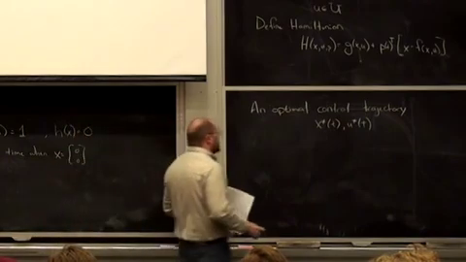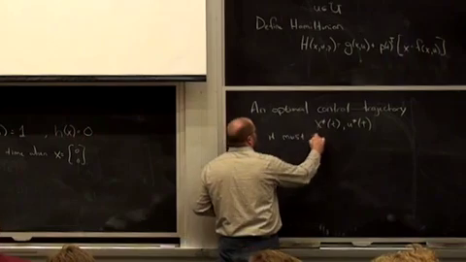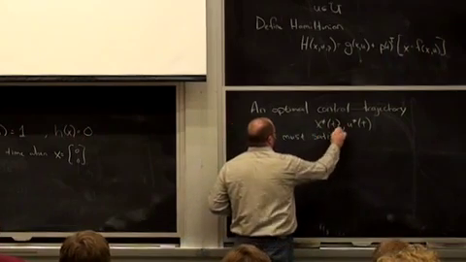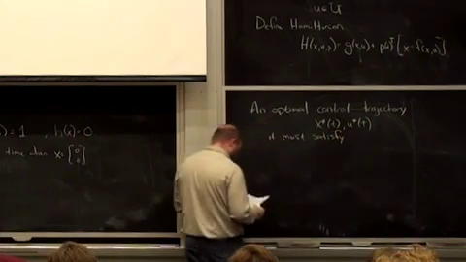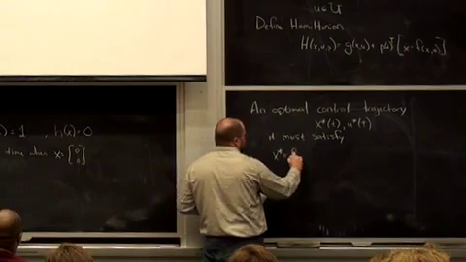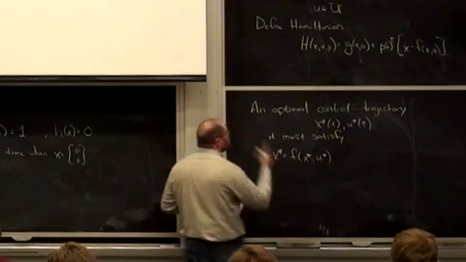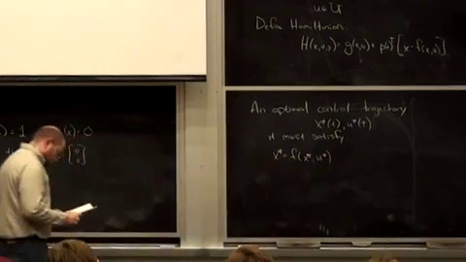Then it must satisfy the following conditions. First of all, we know it must satisfy x dot equals f of x star, u star. That was already one of our conditions.